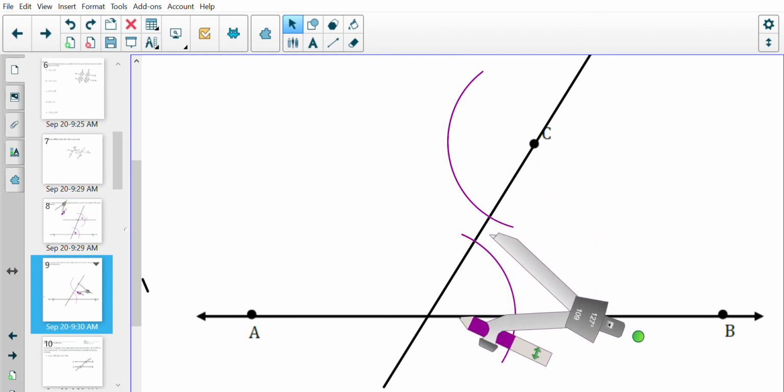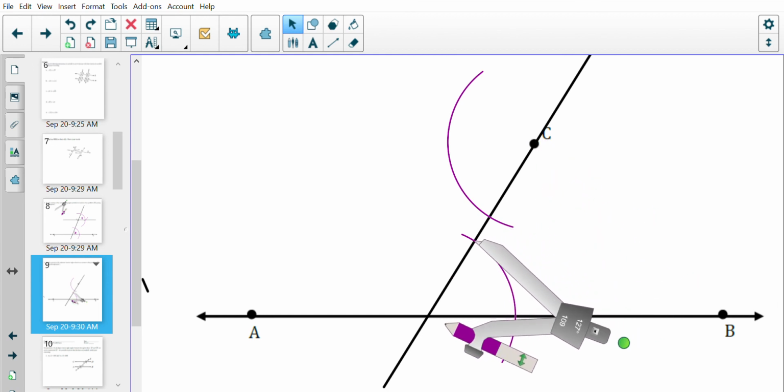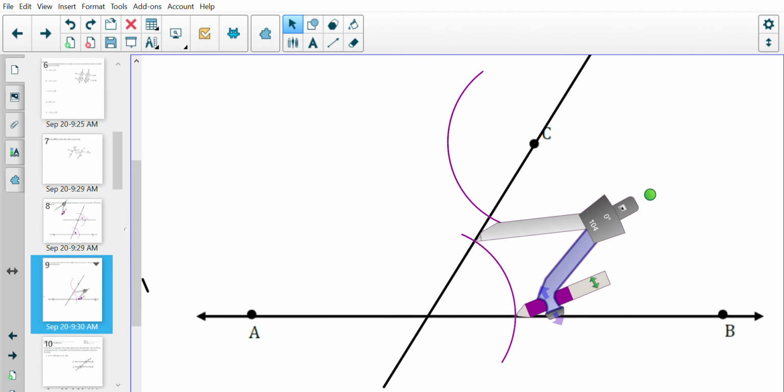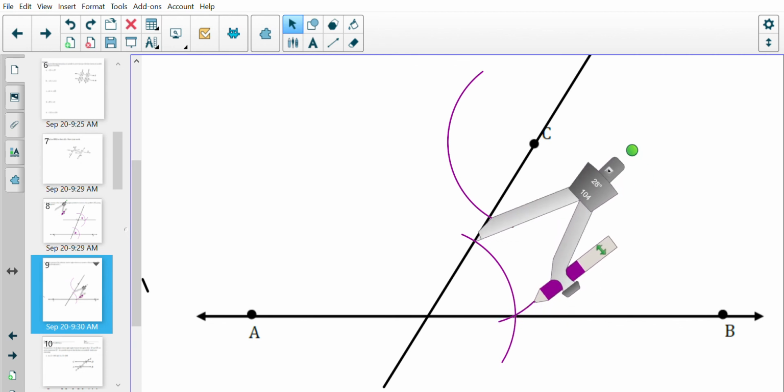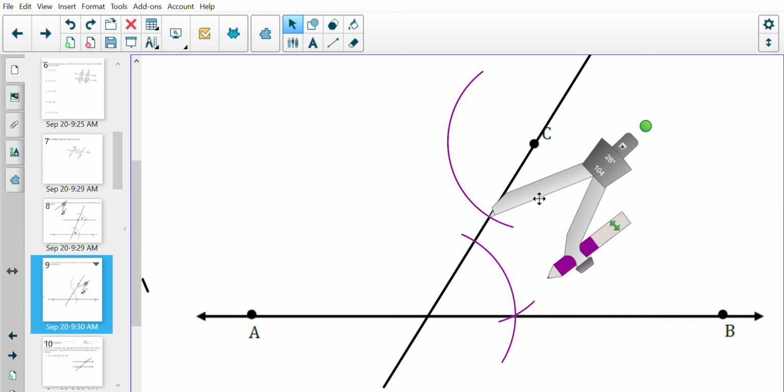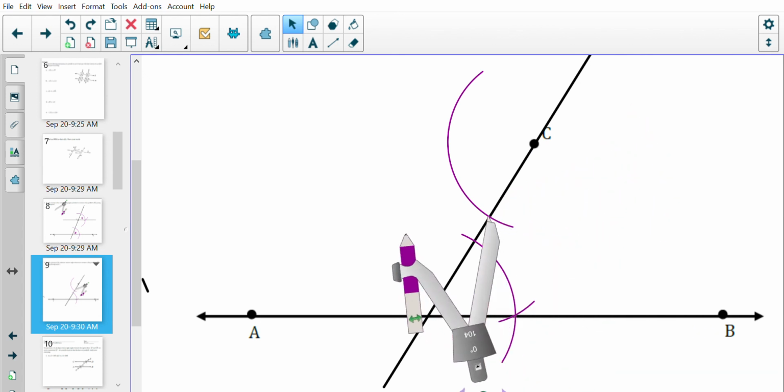And just like before, I'm going to measure across, so my bullseye will go on the intersecting spot of my arc, and the pencil will go on the intersecting point of AB. And I can make a little mark just to make sure we're good. And again, I'm going to put my bullseye on the arc where I intersect the transversal.